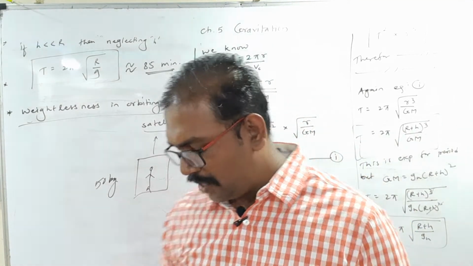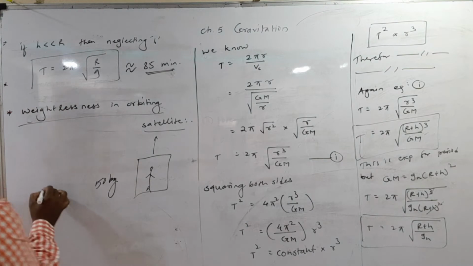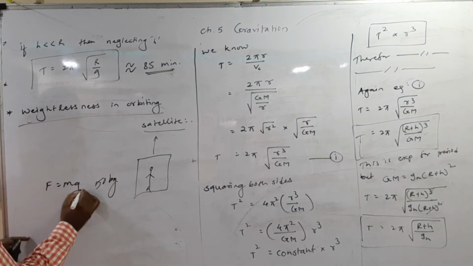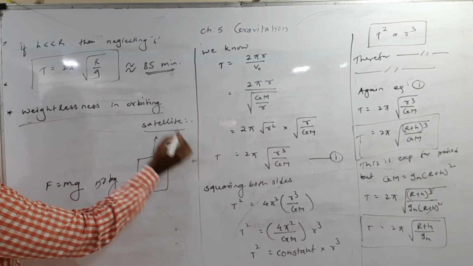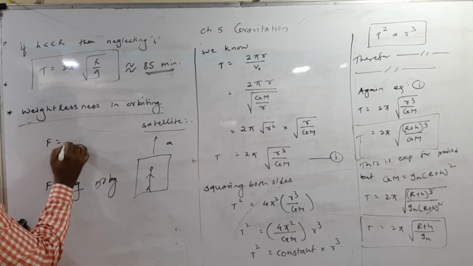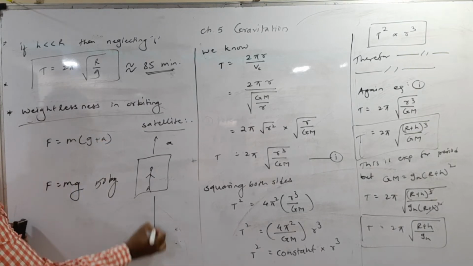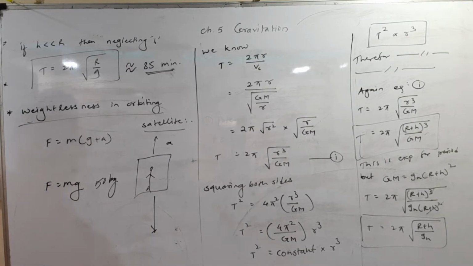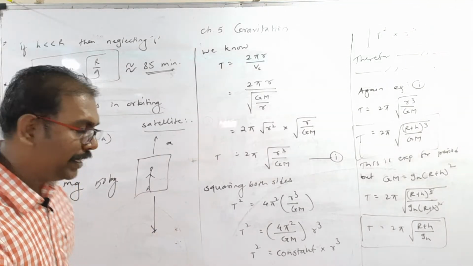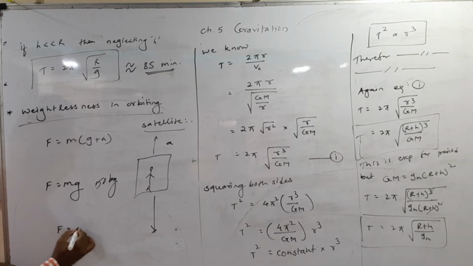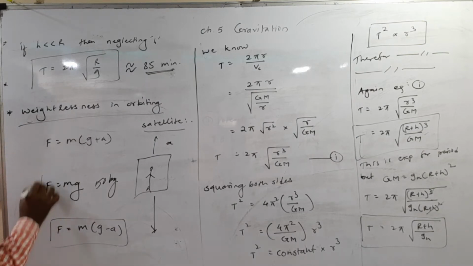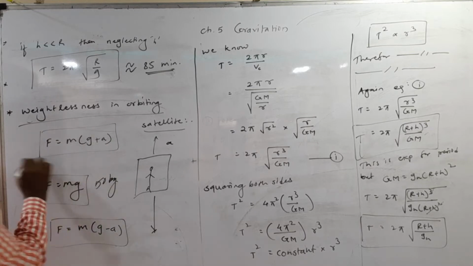When it is stationary, the formula of weight is mg. When it is moving up with acceleration a, the formula of weight is m(g plus a). When the lift is moving down, the weight is less than 50 kg and the formula for weight is m(g minus a). So these are the different formulas here.